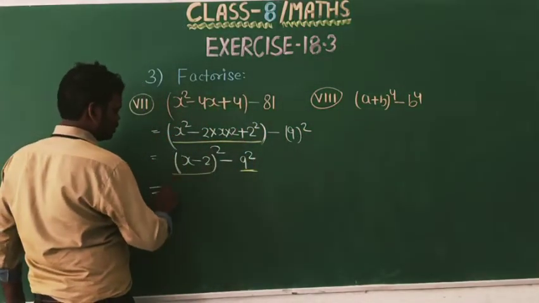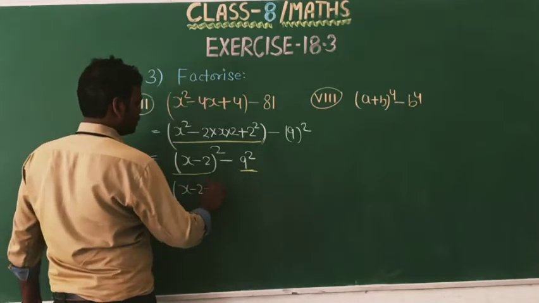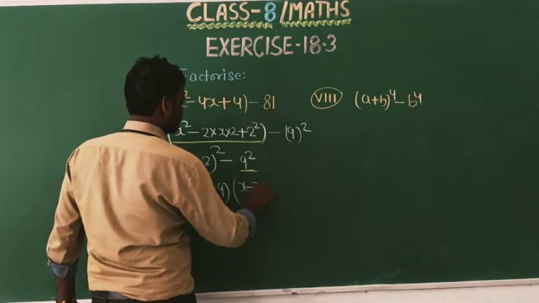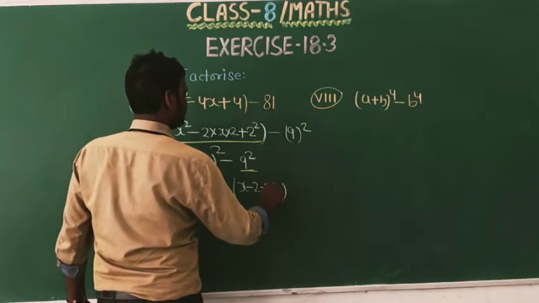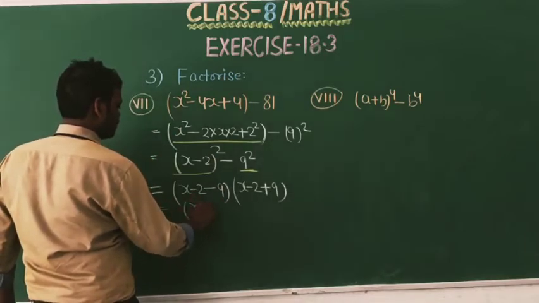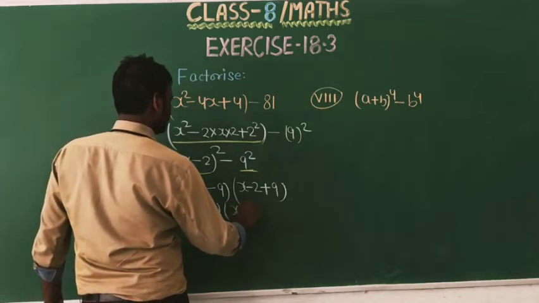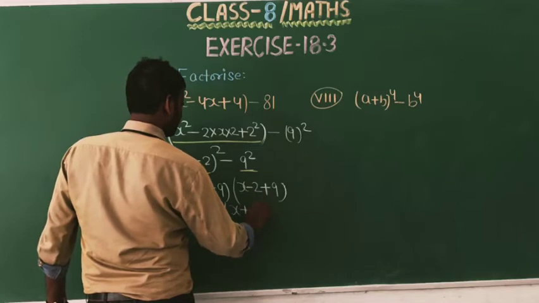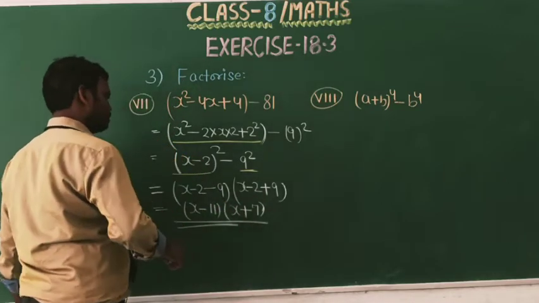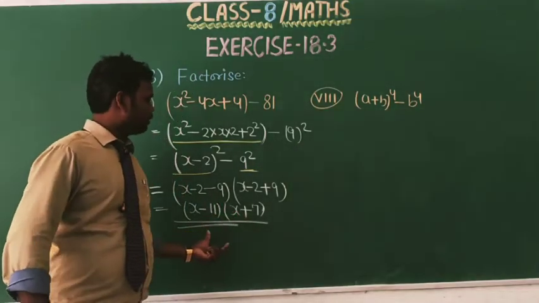Now this expression becomes (x minus 2 minus 9) in one bracket and (x minus 2 plus 9) in the other bracket. So this is x minus 11 and this is x plus 7. Okay, x minus 11 and x plus 7.